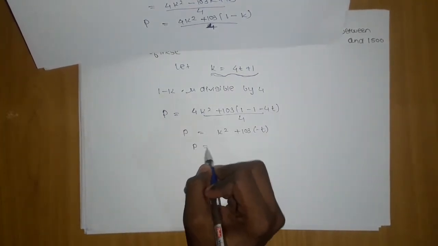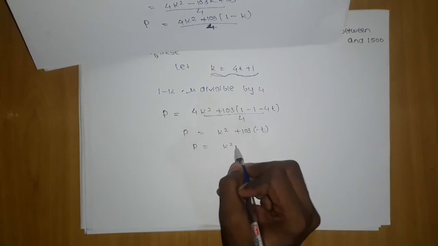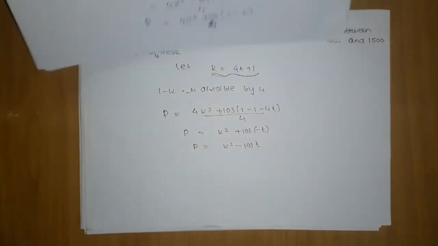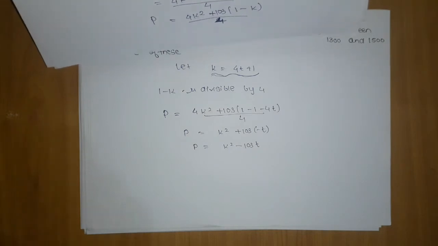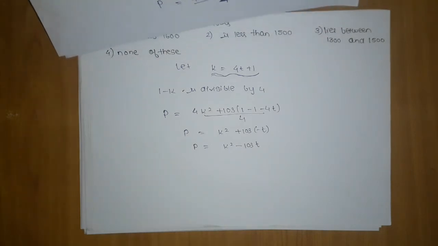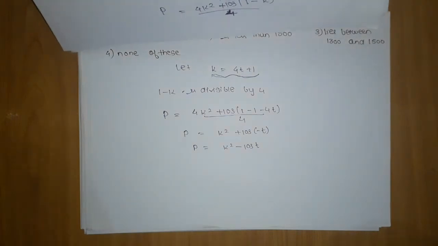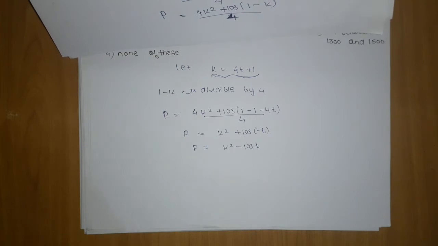So we got some p value, which is nothing but k square minus 103t. So how can we move further? Now we know one thing.